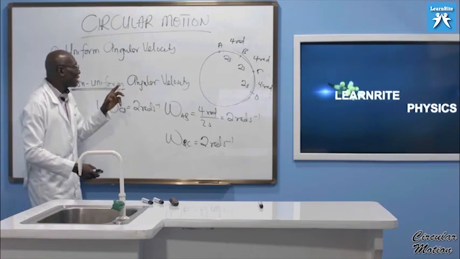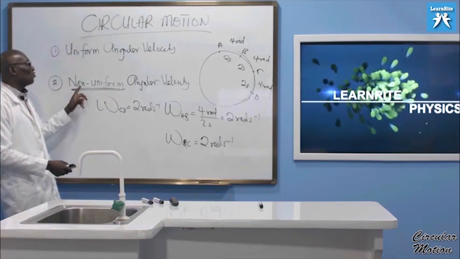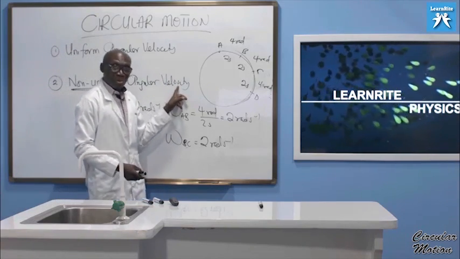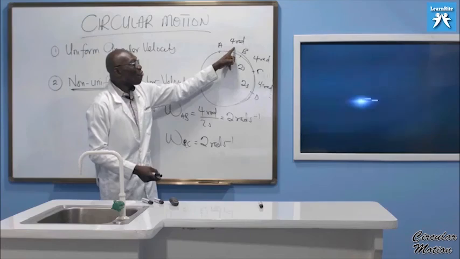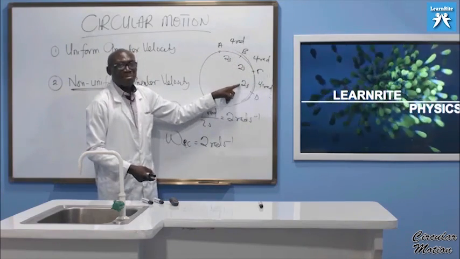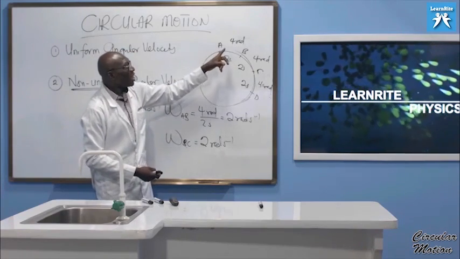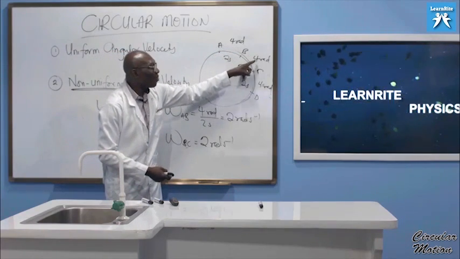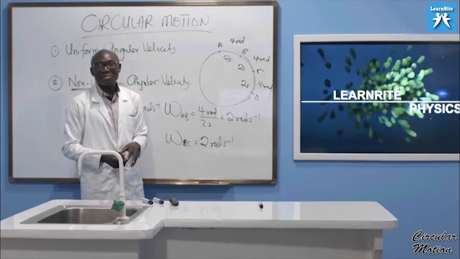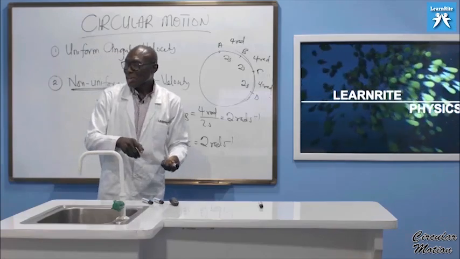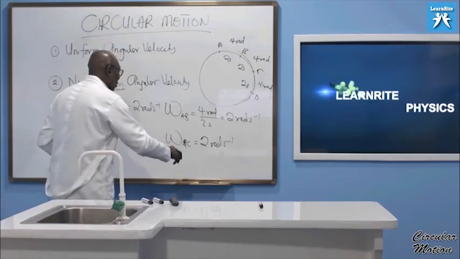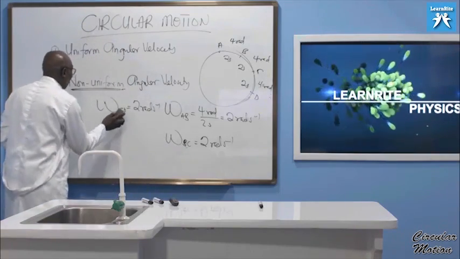And therefore we can say a body is said to have a non-uniform angular velocity if the body covers equal angular displacement using different times, or we cover different angular displacement using equal times. That is another way by which we can define uniform angular velocity and non-uniform angular velocity.